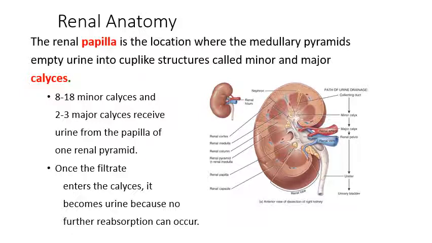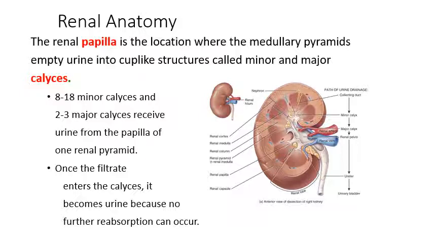Those renal papillae are going to coalesce with other renal papillae and form what are known as calyces. So calyx is the singular form of that word, and a calyx is essentially a funnel. We have what are referred to as minor calyces, these smaller ones. Those minor calyces then merge together into a few larger calyces.